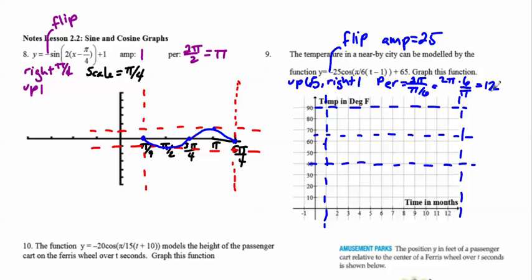And if I divide 12 by 4, my scale will be 3 months, meaning the important points will happen every 3 months. So starting at 1, I'm going to add 3 to that, and I'll have an important point here at 4. Add 3 to that, I'm at 7. Add 3 to that, and I'm at 10.